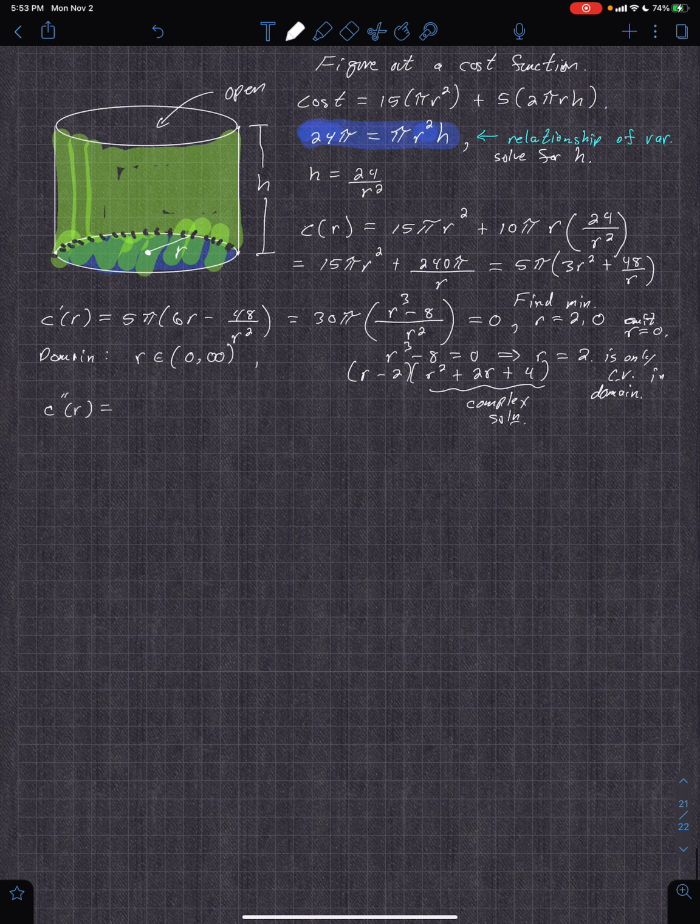So you get 30 pi, and you only have to go far enough till you know that it's positive or negative, so it's a local minimum.